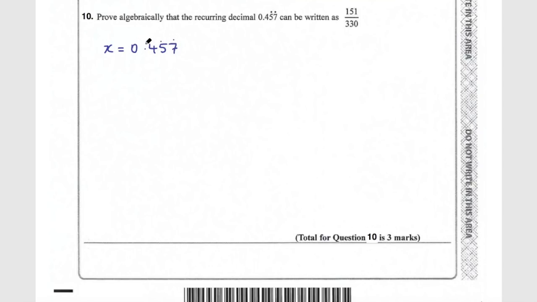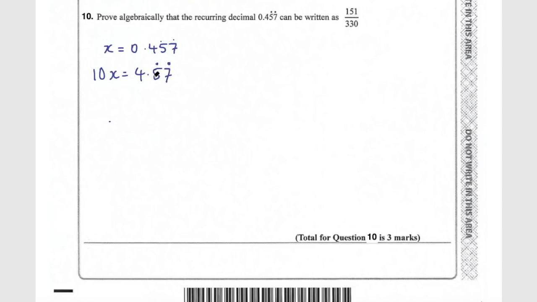So we say x equals 0.457 recurring. And then what we want to do is to create some numbers where the recurring part of the number is the same. So I can multiply both of these by 10. So 10x equals 4.57 recurring. And then I want to multiply it again by something so that I get another number with these recurring numbers the same.